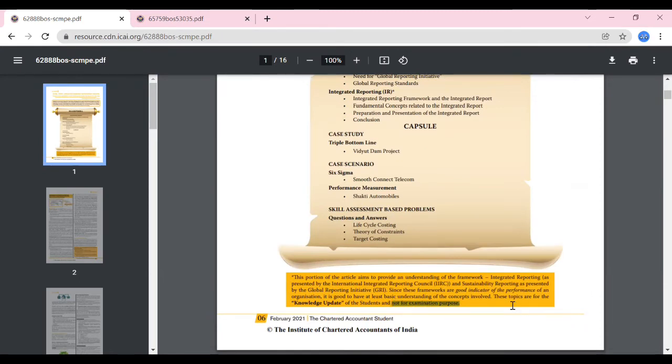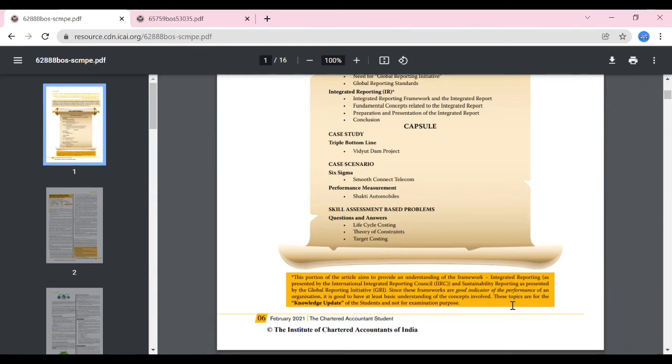But when ICAI releases something like this in the journal, it's an indication that it is trying to focus students' attention on topics which have practical relevance in the world today. And it is quite evident from the papers that they are very keen on asking questions relating to these topics.